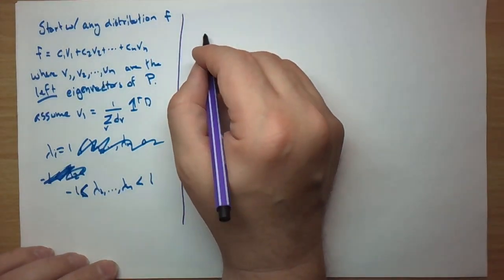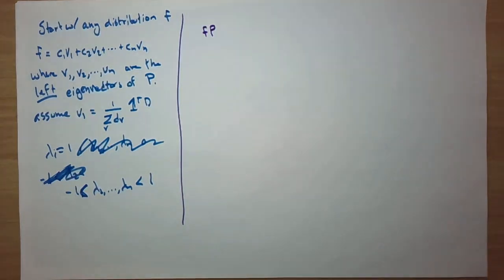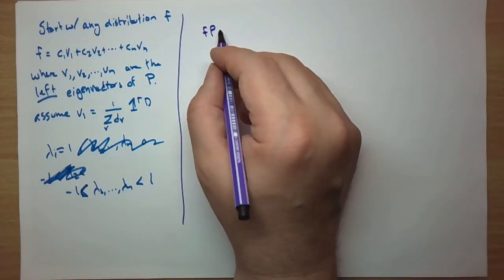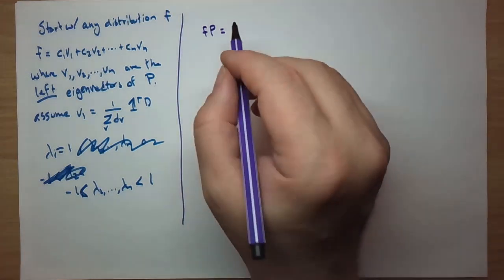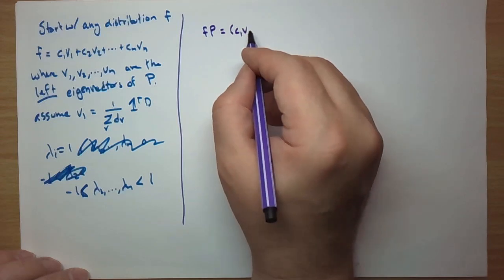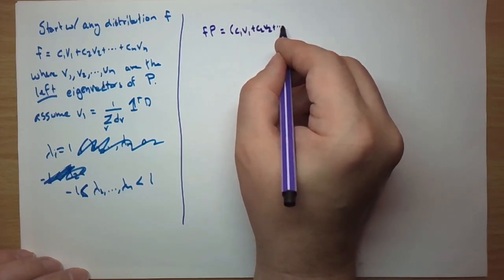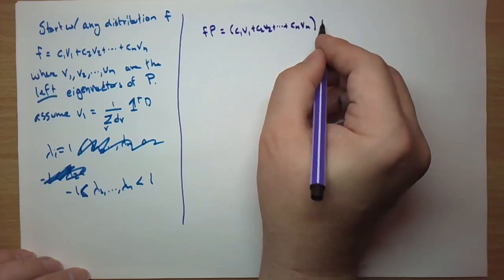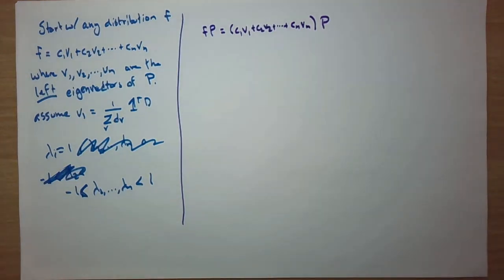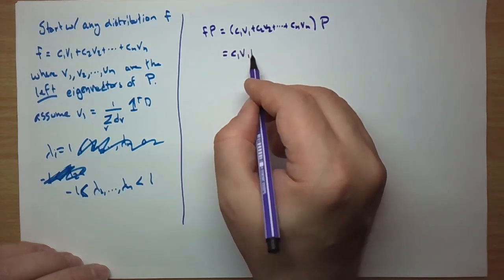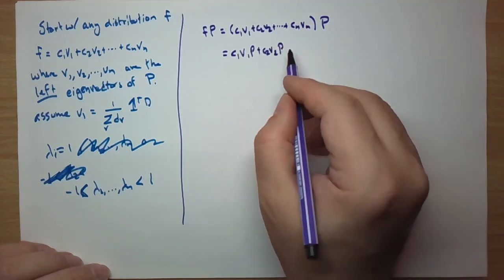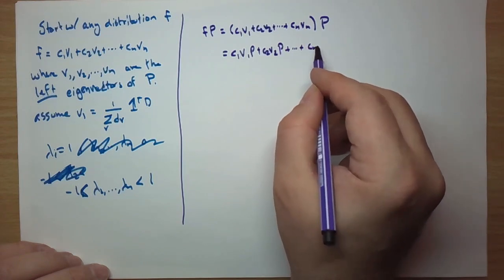What happens if we take f times p? One step. What does that look like? Well, it's C1 V1 plus C2 V2 plus Cn Vn times P. So what do we do? We can use the fact that linear algebra is linear.